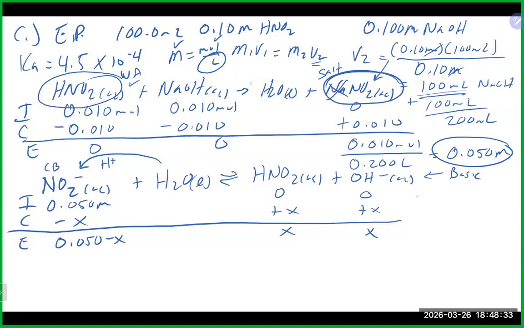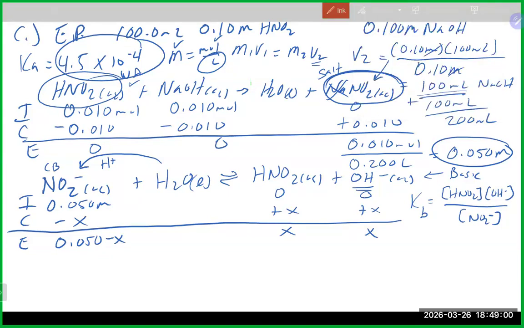This is going to go into our K expression, which again is our products divided by our reactants. And this should be a Kb, yes. So remember, it should be a Kb because we're producing hydroxide here. We do not have the Kb given to us, but we do have the Ka value given to us. So again, we do need to convert it.